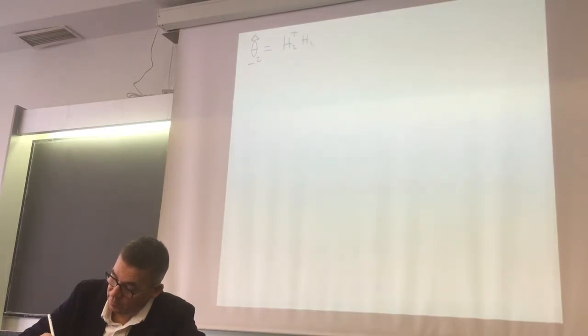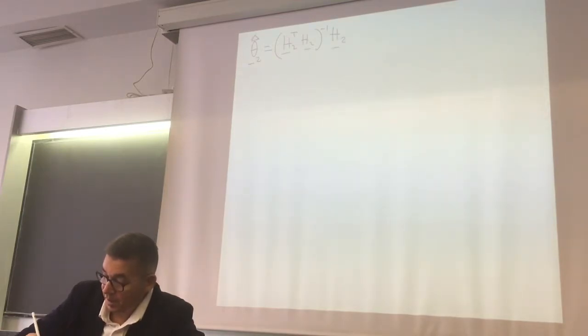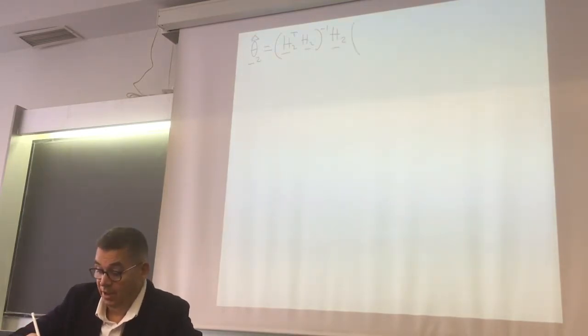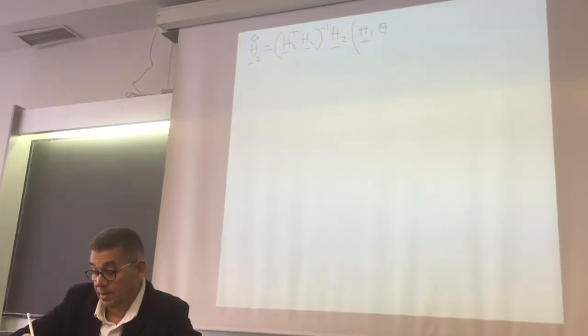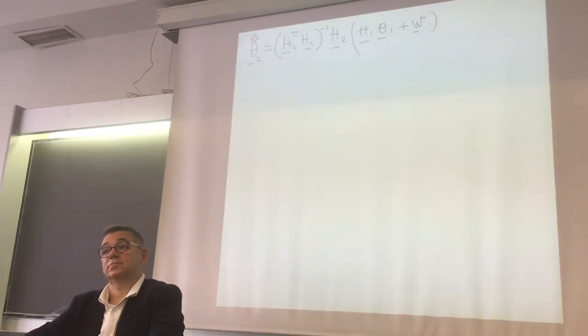So I have theta 2 hat equal to H2 transpose H2, then I have a minus 1, then I have H2, then in place of X, I have H1 theta 1 plus noise.